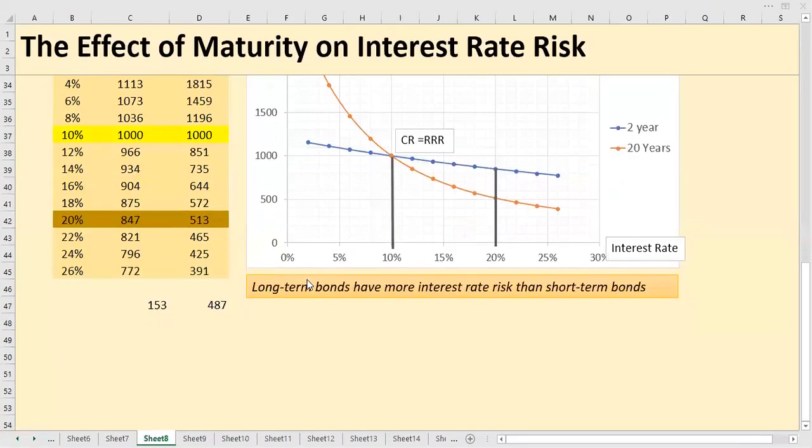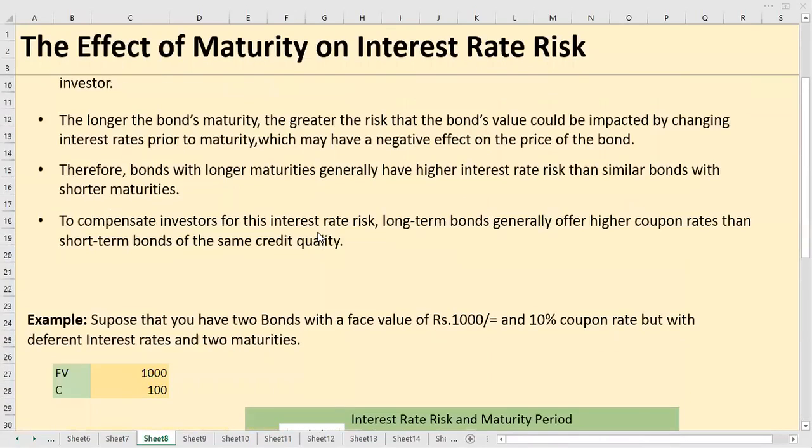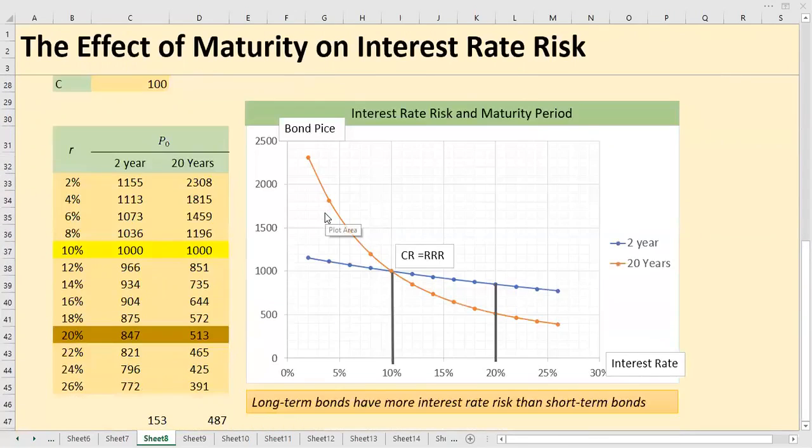Right. So with that, we have learned that if there is a bond investment, we will have to face an interest rate risk. That phenomenon is defined as the relationship between interest rate and the price of the bond.